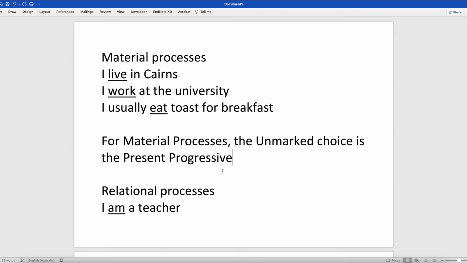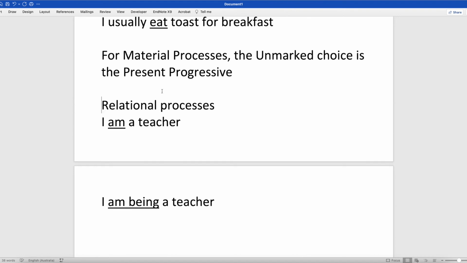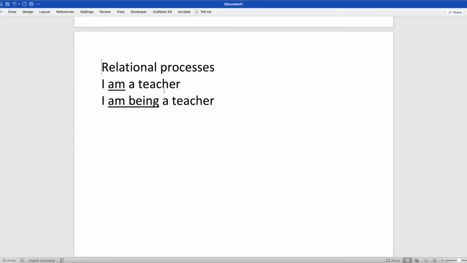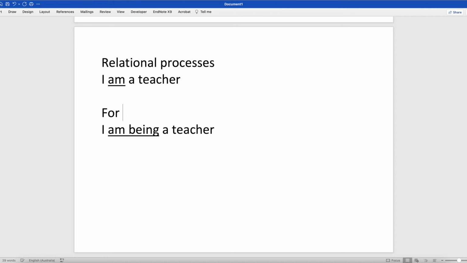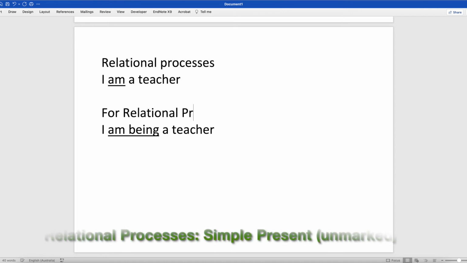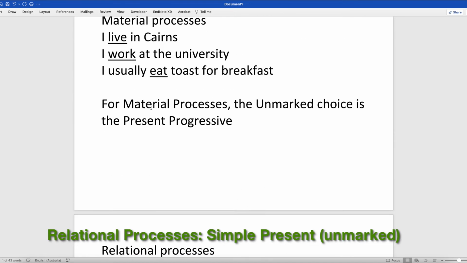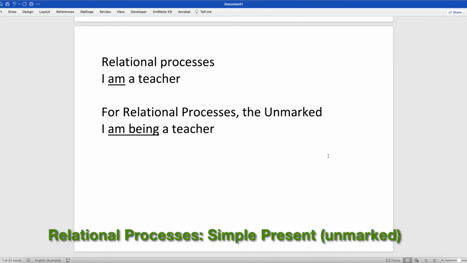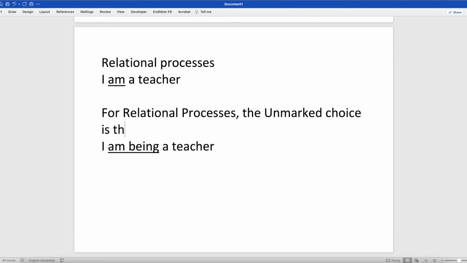But for relational processes, such as, I am a teacher, for relational processes, the unmarked choice, or the unmarked option, what did I say up here? Choice. The unmarked choice is the simple present.